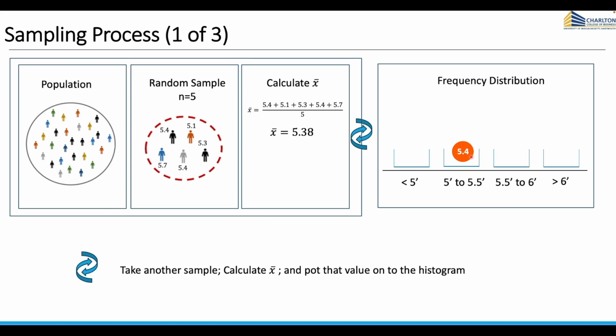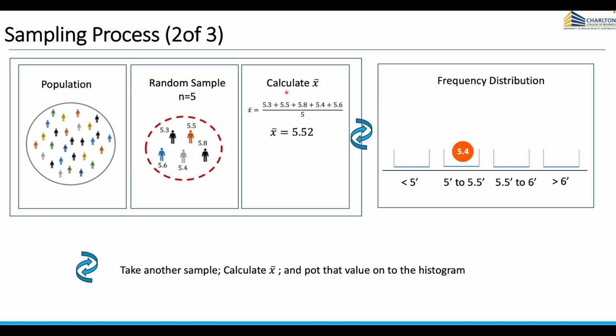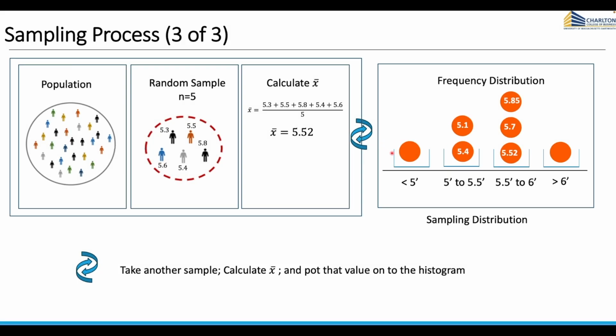We can repeat this process many times to build that sampling distribution. For example, for the second sample, we have these measures for the height of the people. Then we calculate the x-bar, or the average height within the sample, and we put it into the frequency distribution. Again, we can repeat this multiple times so that we build this frequency distribution, which we call the sampling distribution.